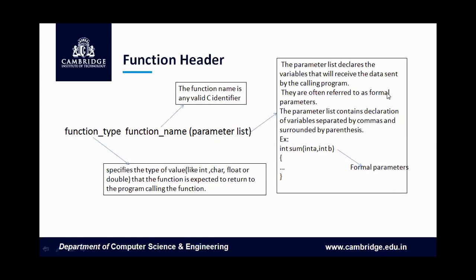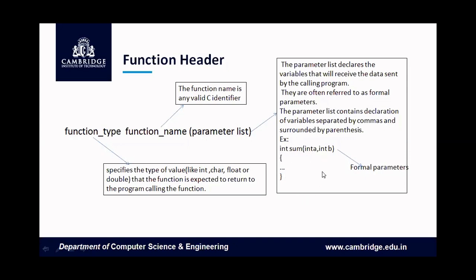They are often referred to as formal parameters. Usually, if you are writing a function definition, these parameters are known as formal parameters. In the main function, those will be known as actual parameters. We'll see. The parameter list contains declarations of variables separated by commas and surrounded by parentheses. An example: int sum. Int is the function type.